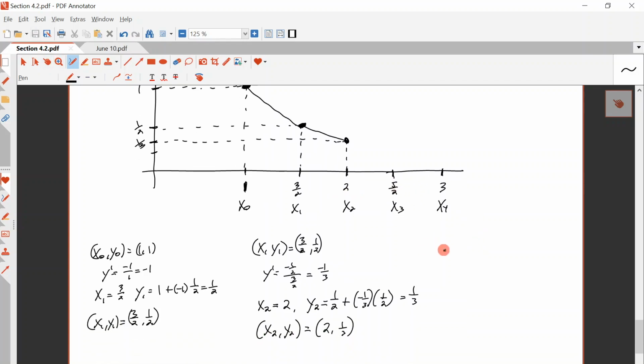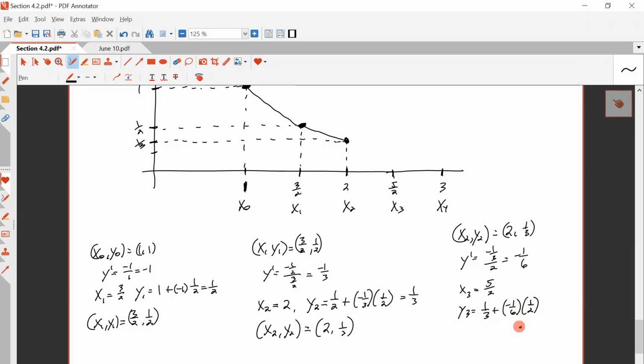All right, next point. x2, y2 is equal to 2 comma 1/3. Y prime is equal to minus y over x. So it's minus 1/3 over 2, which is minus a sixth. x3 is equal to 2 plus a half, which is 5 halves. And then y3 is equal to 1/3 plus the slope times delta x. So it's 1/3 minus 1/12.